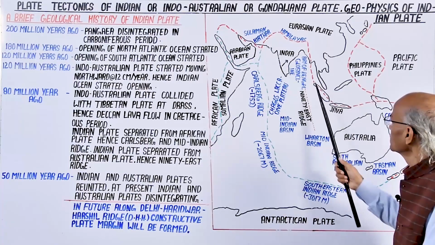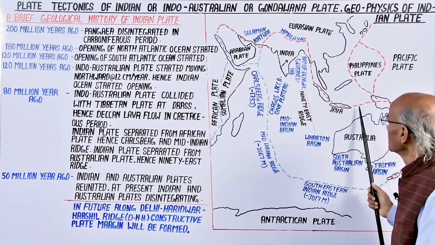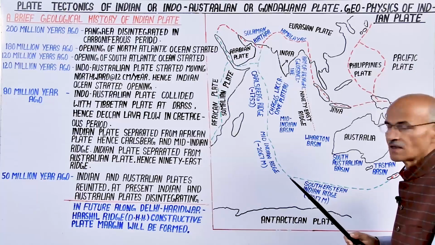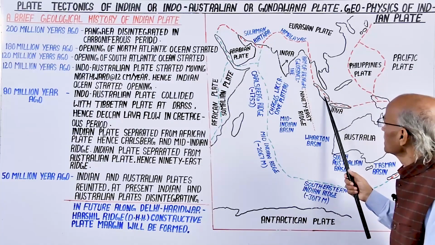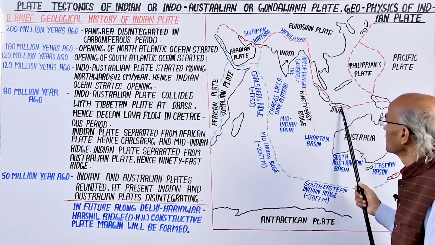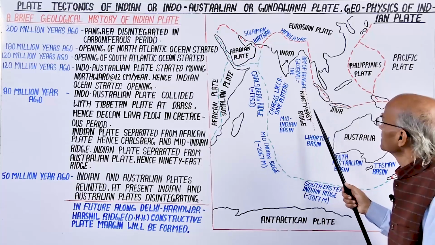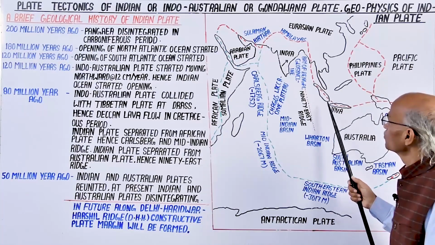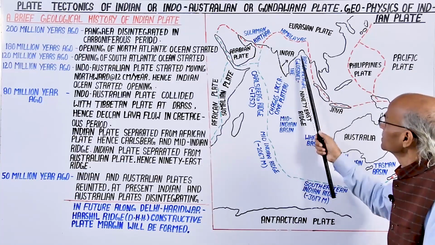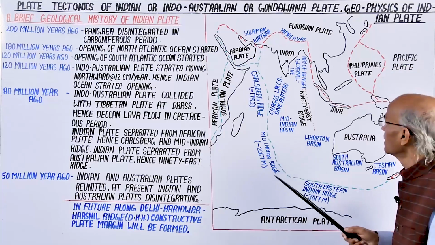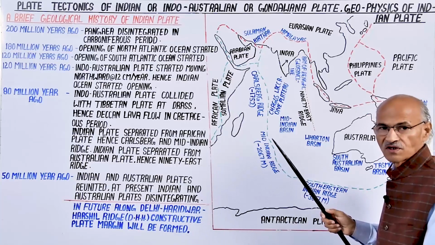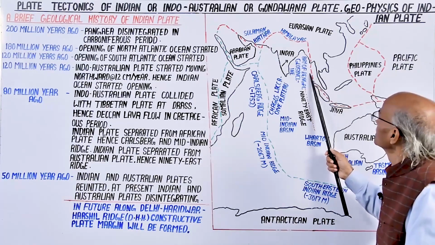Tectonically, seismologically, volcanologically, this line is very active and prominent, because volcanic activities take place here, and when earthquakes take place here, earthquake-generated seismic waves or tsunami waves affect this area and hit the eastern coast of India. That's why it should be discussed in detail, because questions may be asked on this region.